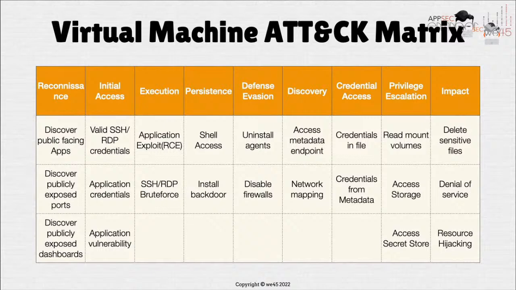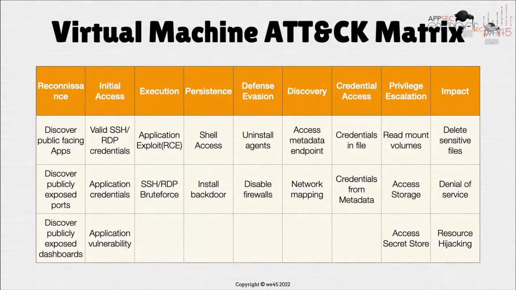The moment we find an exposed dashboard or an exposed app, we'll look at whether we can get any credentials. These credentials can be found through methodologies like brute force or some kind of random guess. We'll run some tool and find SSH and RDP credentials. Sometimes we also compromise the application by credential stuffing.